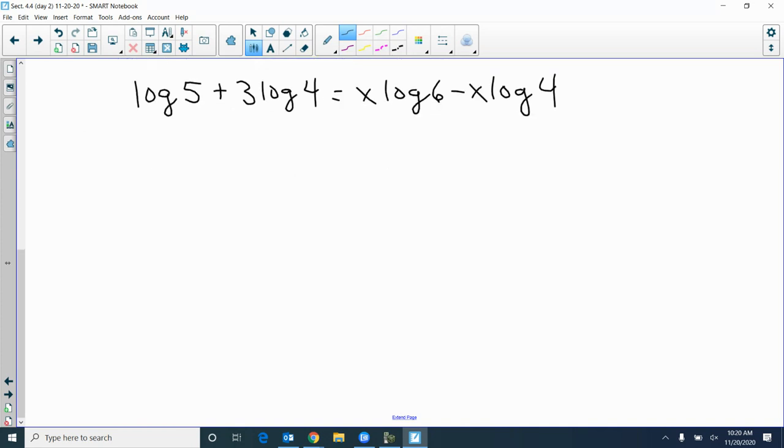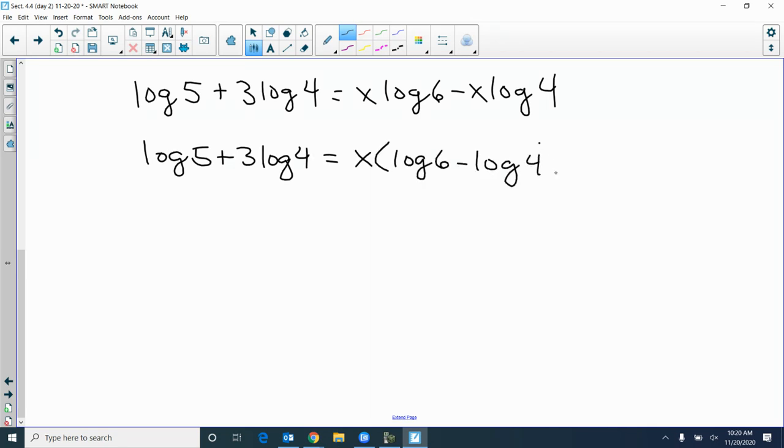All right, and he even said pull out an x because both terms have an x in them. That's the only way we can get to this next step where we can divide: factor out an x. So I got log of 5 plus 3 log of 4 equals x parentheses log of 6 minus log of 4. Divide.